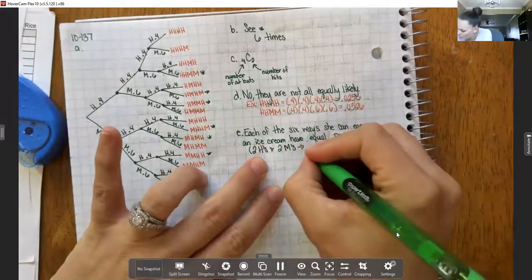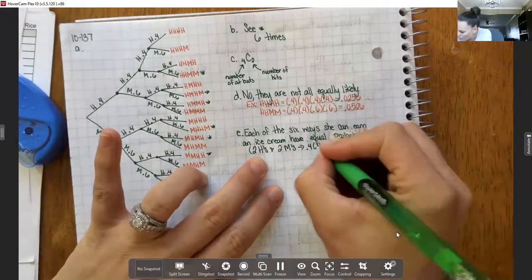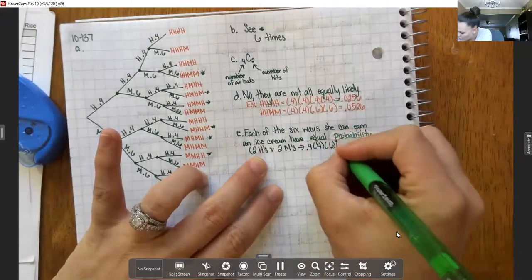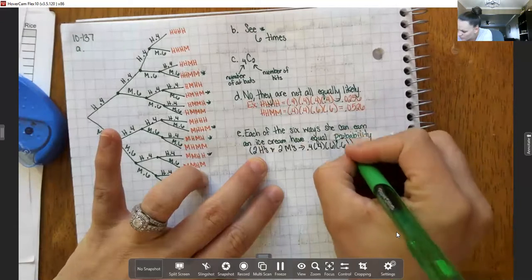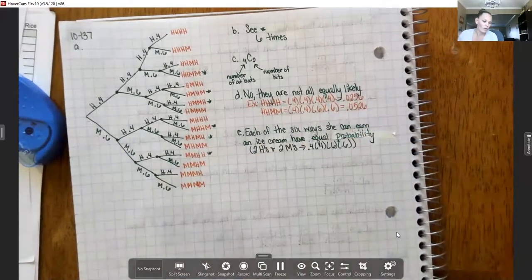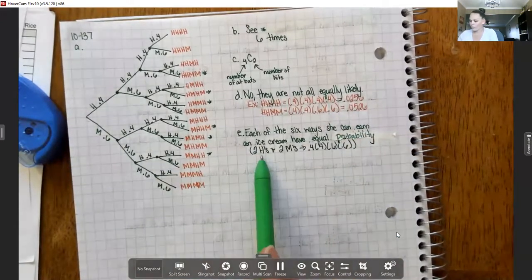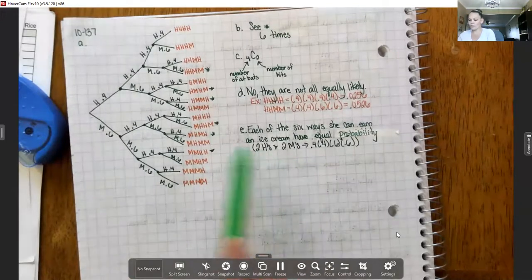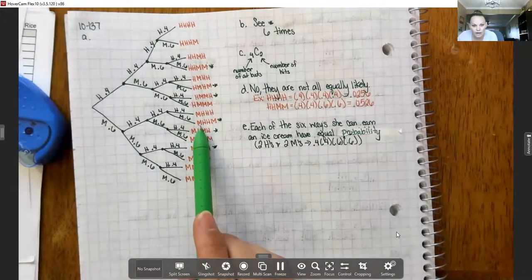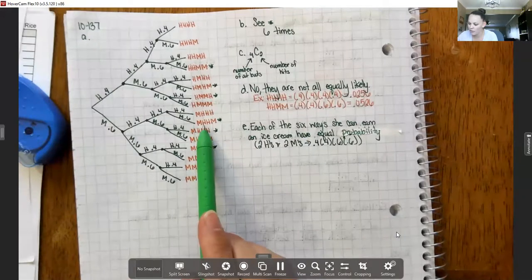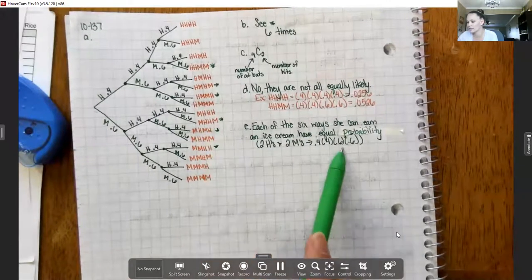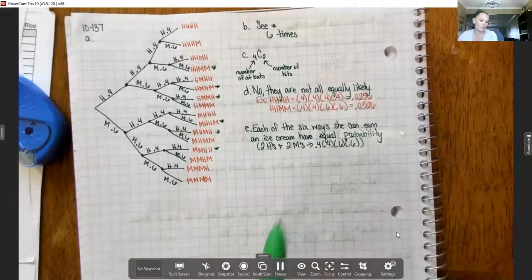So either way, it's 0.4 times 0.4 times 0.6 times 0.6, because order doesn't matter for multiplication. This one right here would be 0.6 times 0.4 times 0.4 times 0.6. That's the same thing.